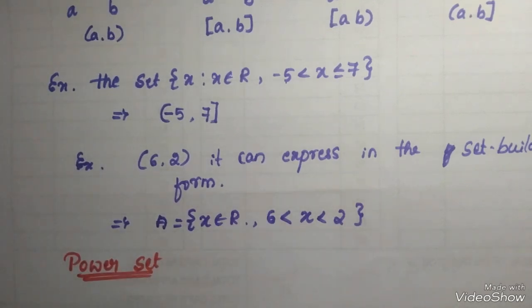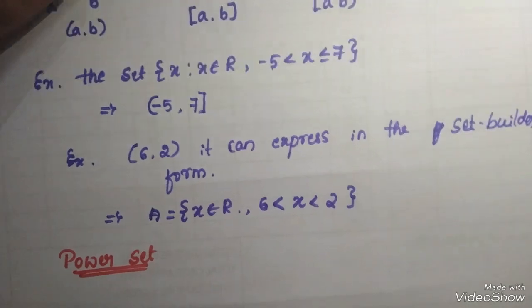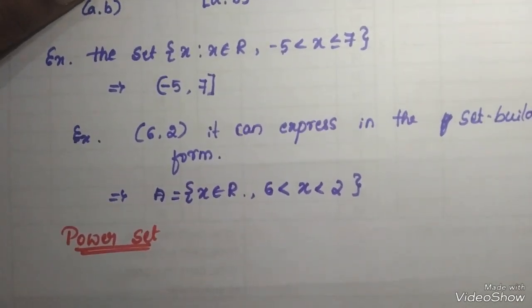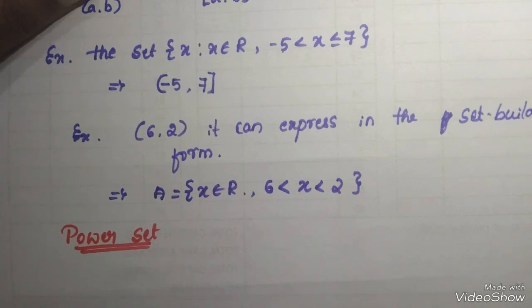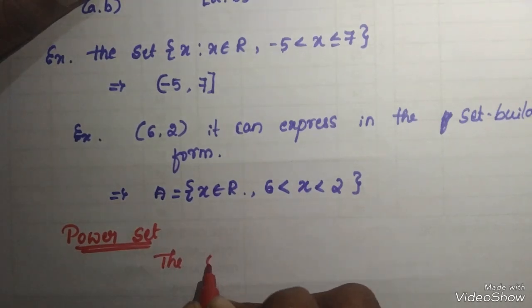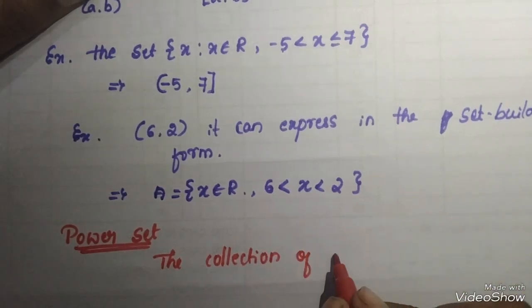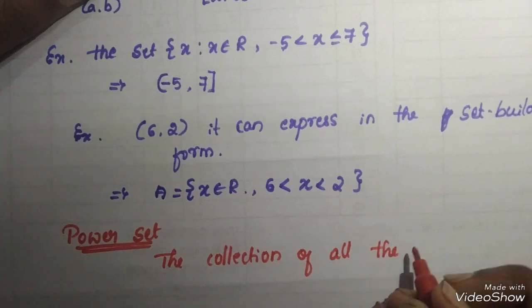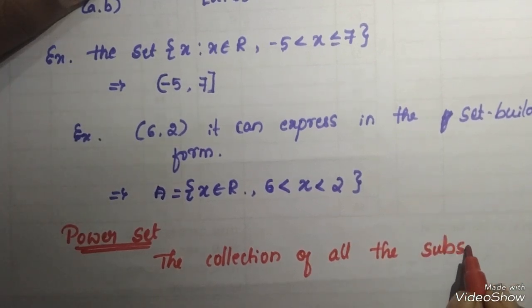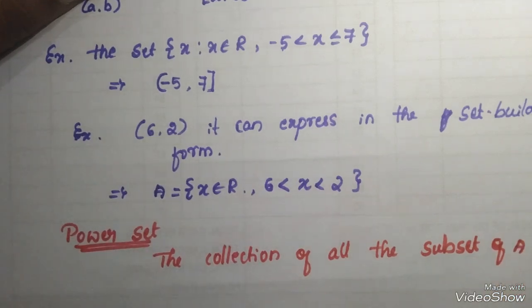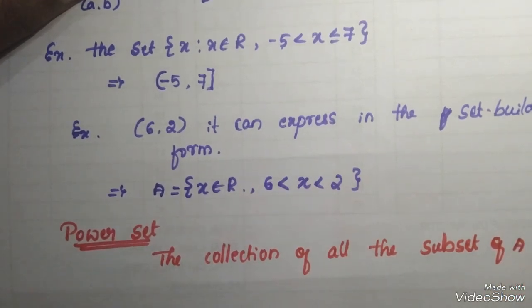We will discuss the definition of the power set now. Power set means the collection of all subsets of A. The definition of power set is the collection of all the subsets of A. The collection of all the subsets of A is called a power set.